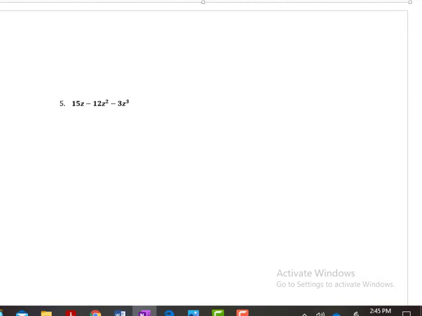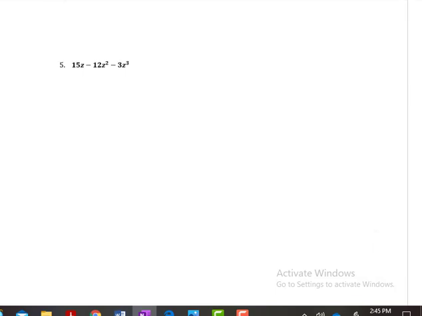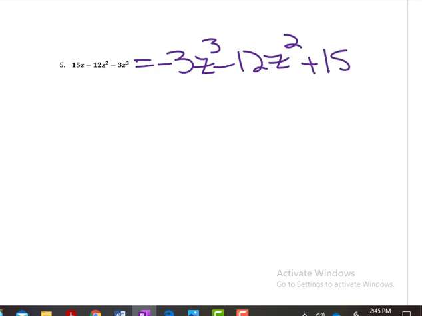Number 5. Now we need to list this in descending order. So it'd be negative 3z cubed minus 12z squared plus 15z. Step 2 is to take out the greatest common factor, and I will also take out the negative to make that first term positive.